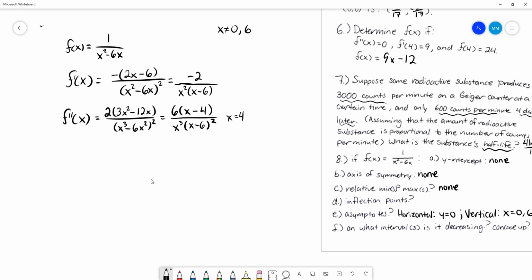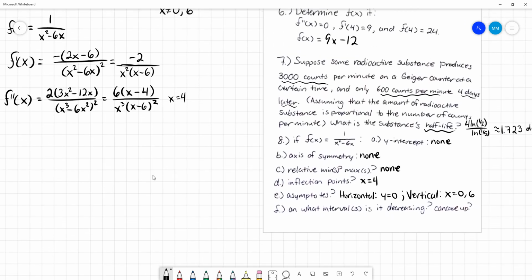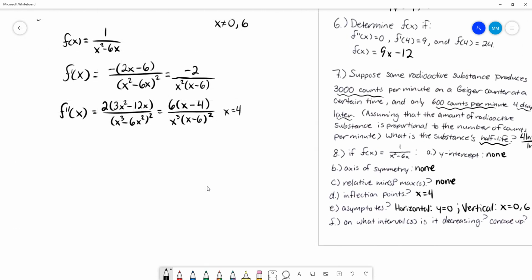So there shouldn't be any relative minimums or maximums. We do have an inflection point at x equals 4, and now we just need to figure out our intervals of increase, decrease, and concavity. So we'll do negative infinity up to 0, 0 to 4, 4 to 6, and 6 to infinity.